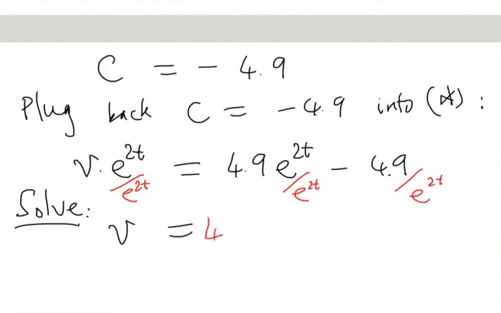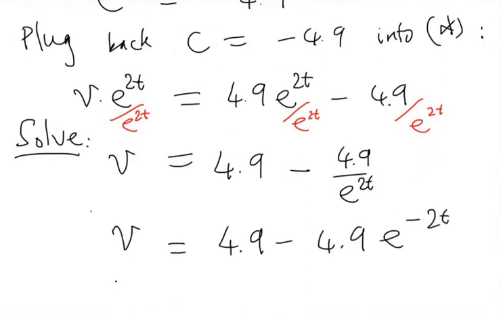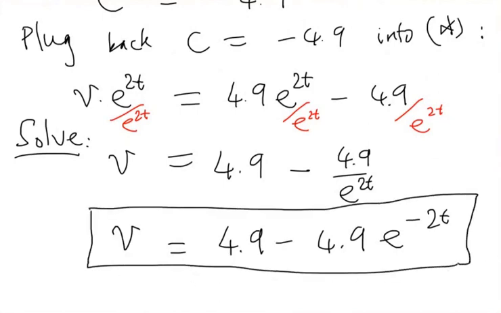Then we get 4.9 minus 4.9 divided by e to the 2t, which can be rewritten as 4.9 minus 4.9 e to the negative 2t. So we can use a negative exponent, and this is the solution to the given problem. The velocity of the object has this formula.